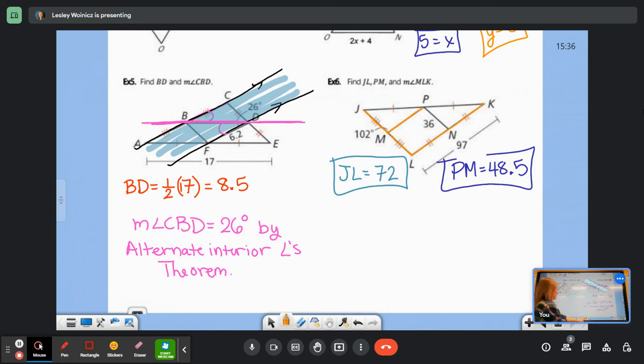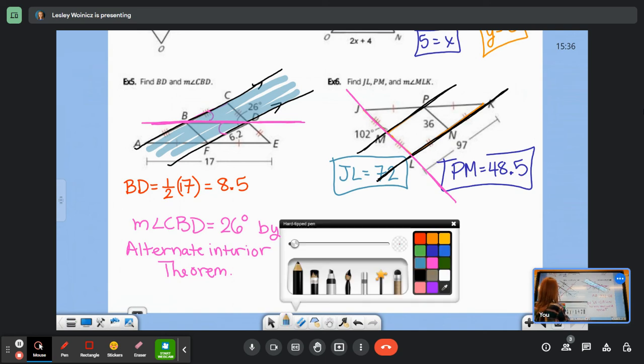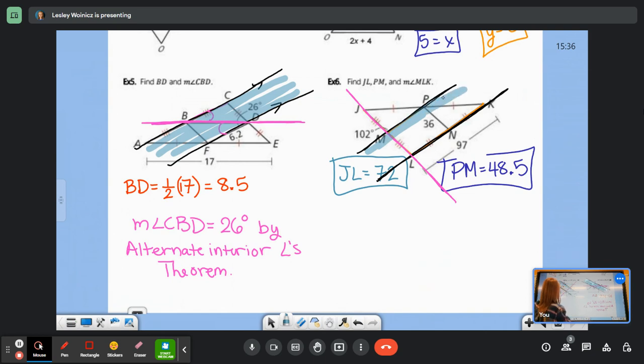So what I'm hoping that you see is that we need these lines that are parallel, and this side of the triangle is going to be my hot pink transversal. Okay, let's shade the interior because I like doing that. That's fine. And it's helpful.